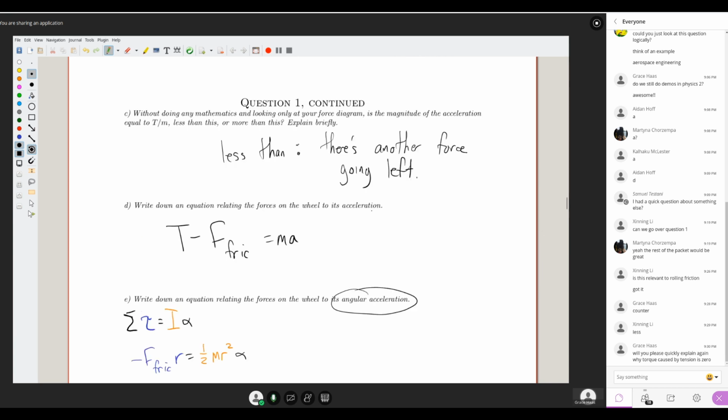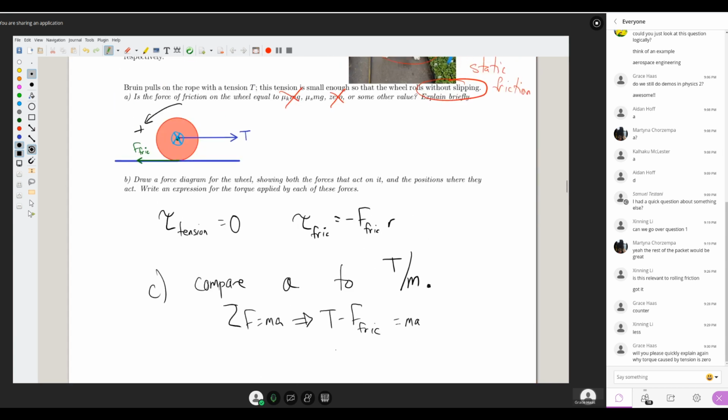So why is the torque caused by tension 0? Remember that, and I'm just going to write up here by the force diagram, remember that torque is the perpendicular component of the force times the radius. But this radius means the distance from the pivot to the point of force, right?